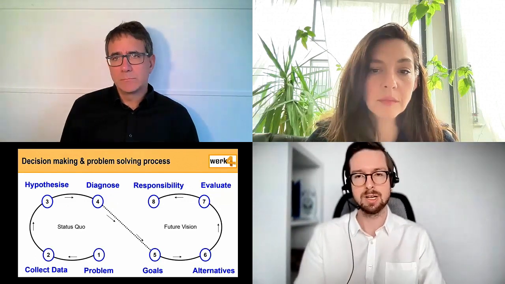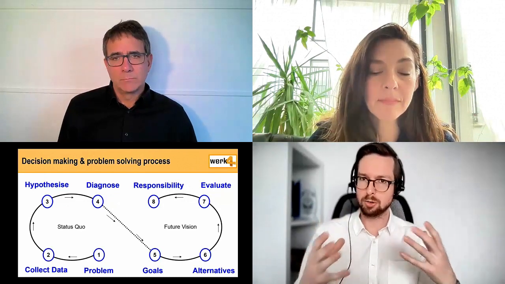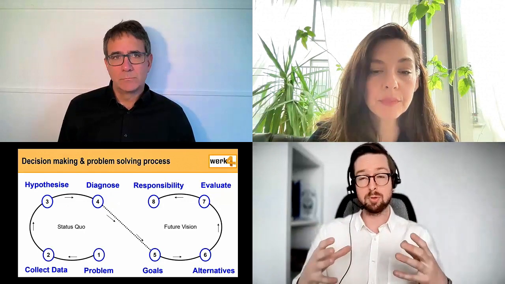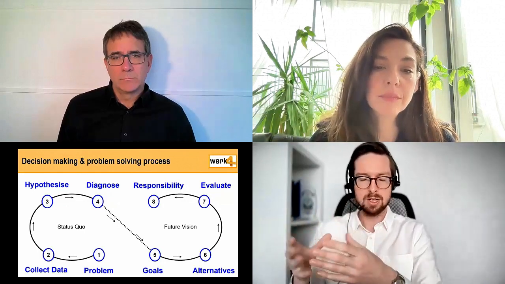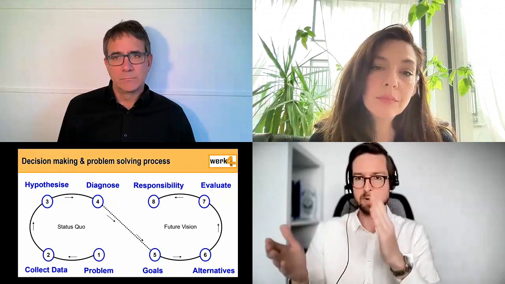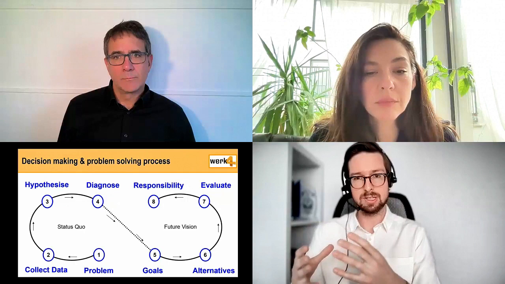Mike, diagnosis? So diagnosis is the fourth stage, and importantly, it's the final stage of the status quo, meaning the current situation. So at this stage, you've established the problem, you've collected the data, you've had an open discussion about the origins of this, and now you're at a point where you are willing to commit to a clear diagnosis of the problem, the origin, and begin to look towards that future vision of how we can then actually move towards solving it.